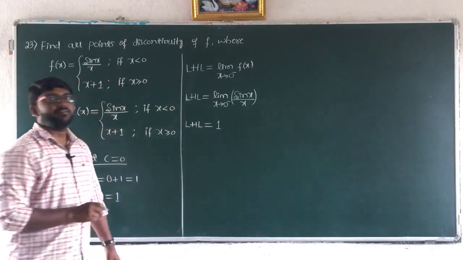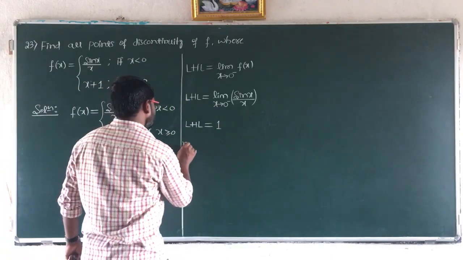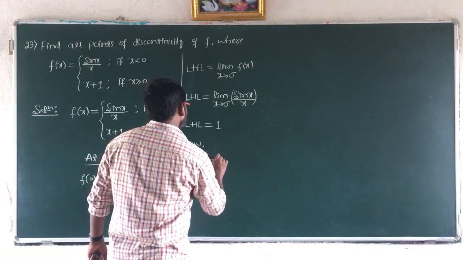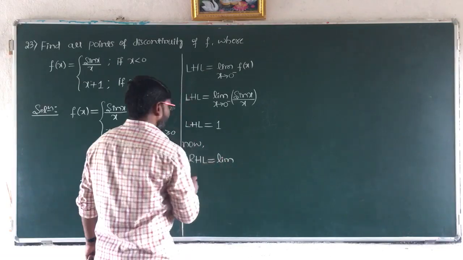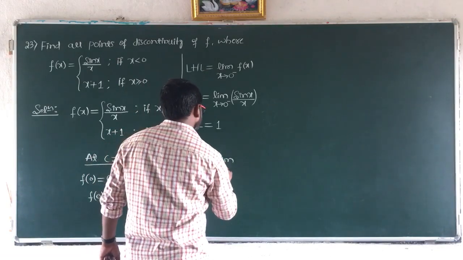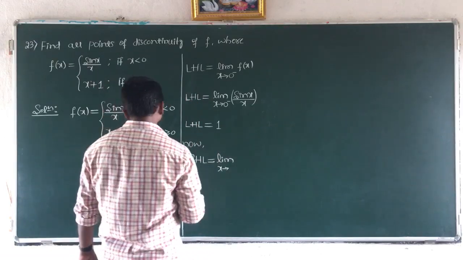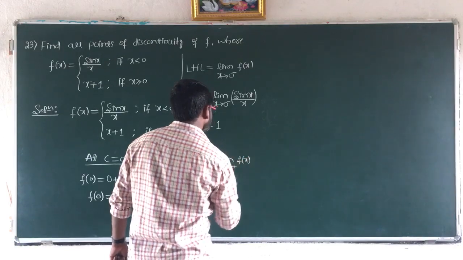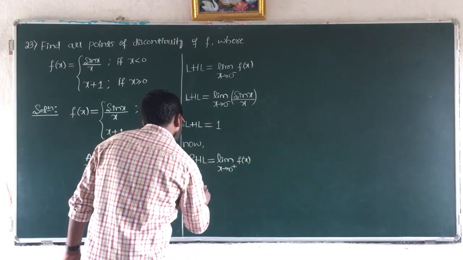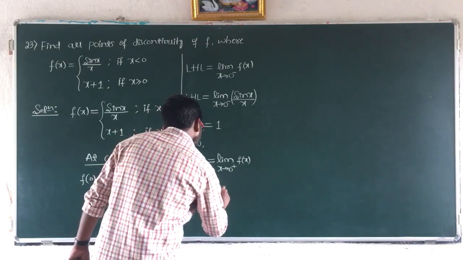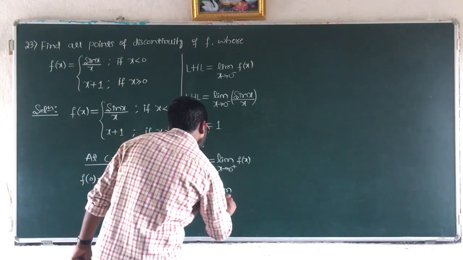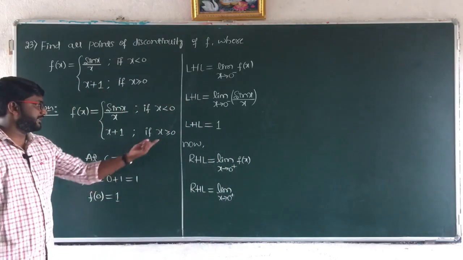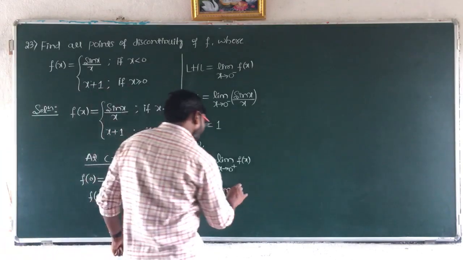So now we will have to go for the RHL. RHL which is equal to limit x tends to 0 plus f of x. 0 plus means it has to be greater than 0, that is x plus 1.